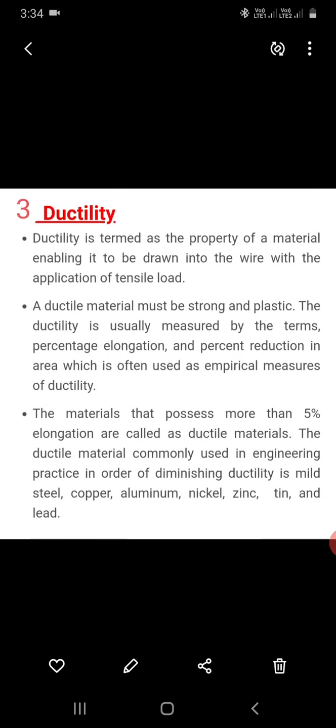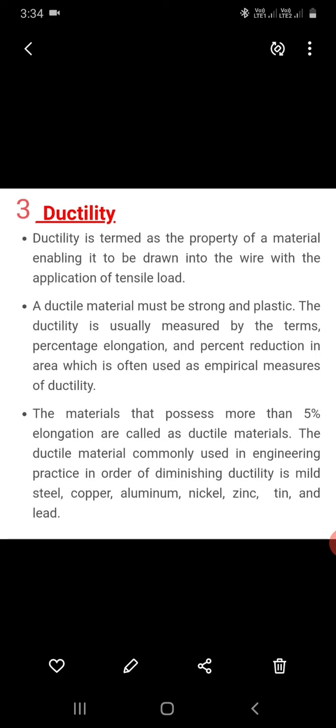Next is ductility. It is termed as the property of a material enabling it to be drawn into wire with the application of tensile load. The material which can be drawn into wires is called ductile, and this property is called ductility. A ductile material may be strong and plastic. It is strong, but as it is also plastic, it can take the shape of a wire. Ductility is usually measured in terms of percentage elongation and percentage reduction in area.